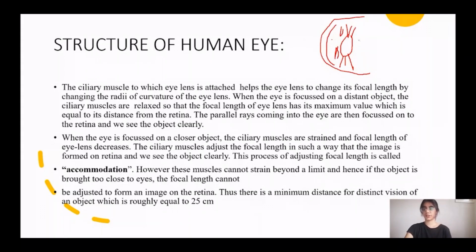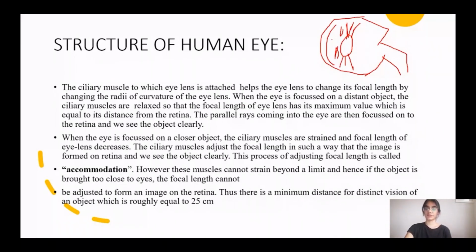So this is the structure of the exact human eye, and this spherical shape is your lens. These lines represent the ciliary muscles. These ciliary muscles will help you to change the focal length by changing the radii of curvature.